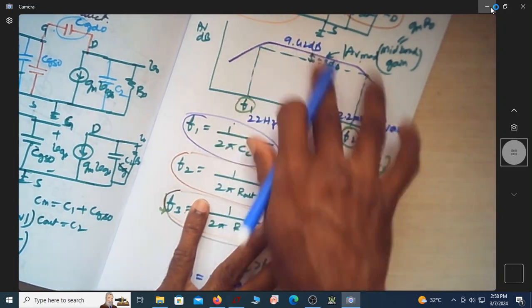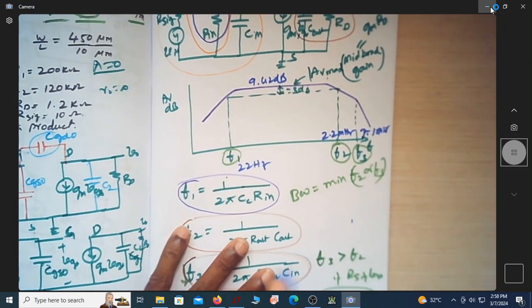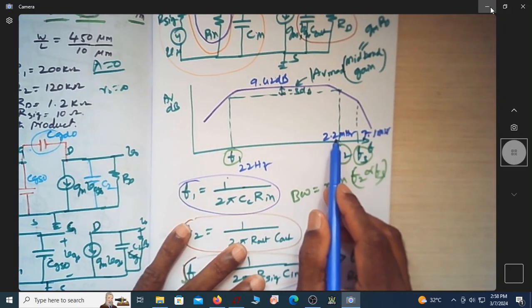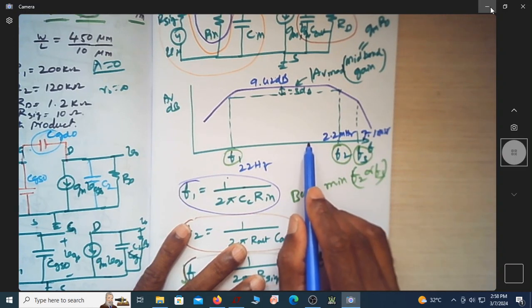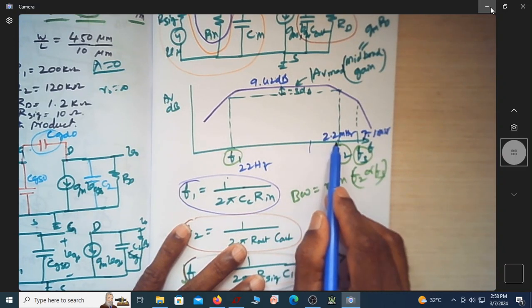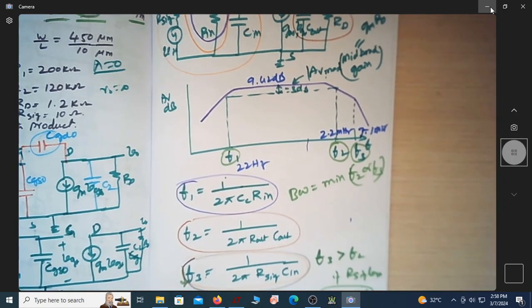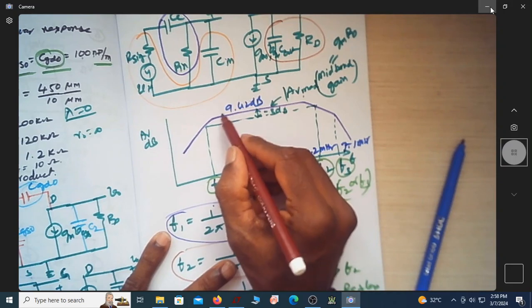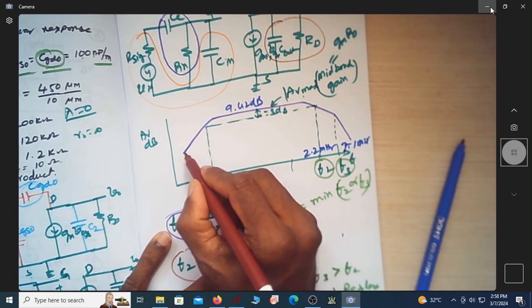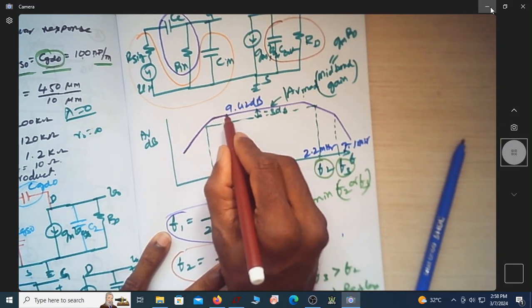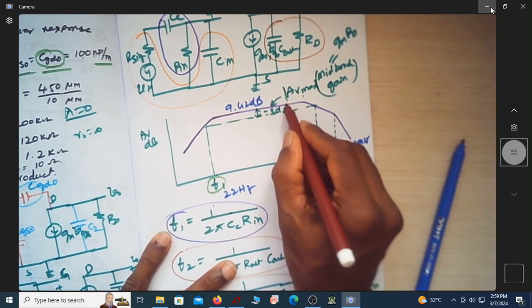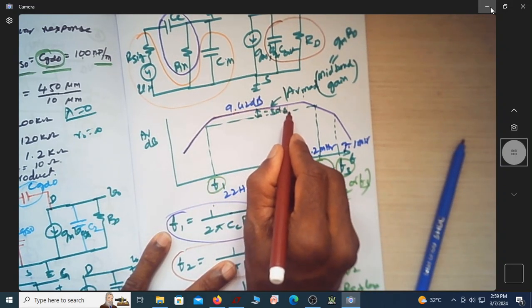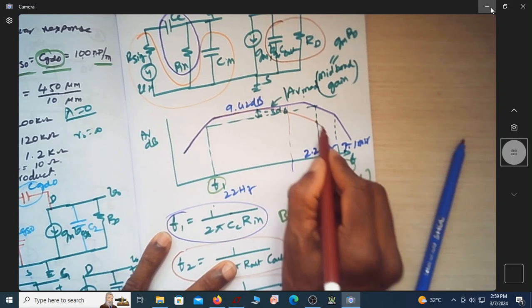Now the frequency response will totally change. F3 will become somewhere here, which is 750 kilohertz. F2 remains there, and so on. So then, of course, let me just write it this way. The gain goes like this, and this is somewhere here 750 kilohertz, and then it comes down here, and this is how it goes.